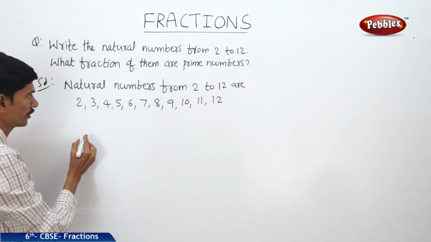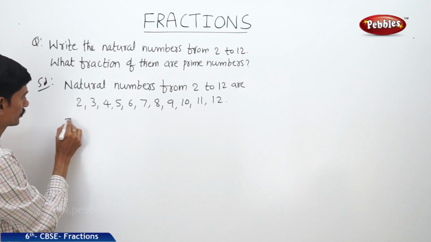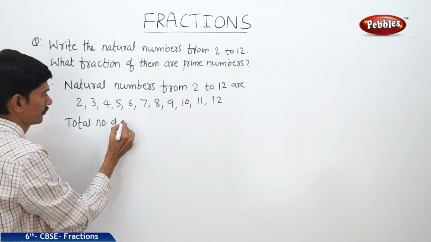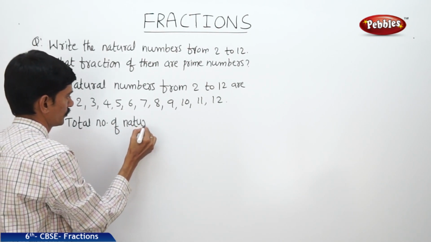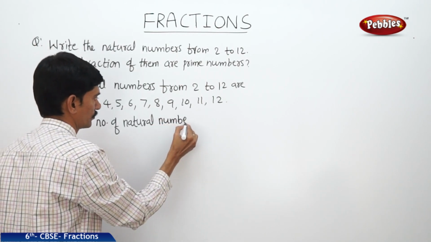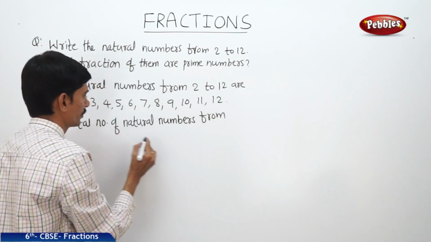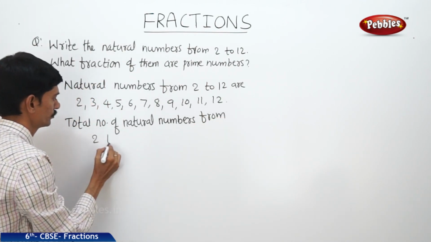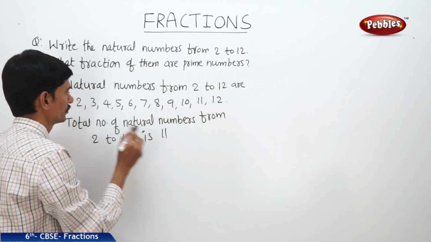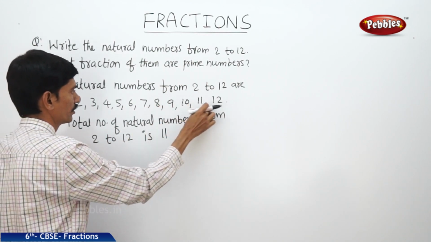Now the total number of natural numbers from 2 to 12 is 11. So 1, 2, 3, 4, 5, 6, 7, 8, 9, 10, 11.